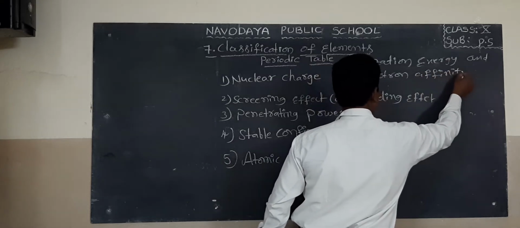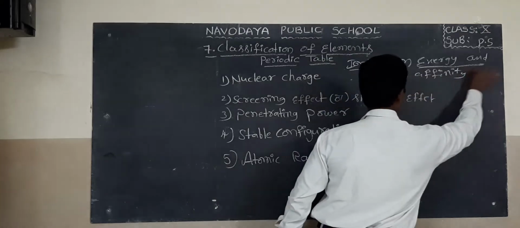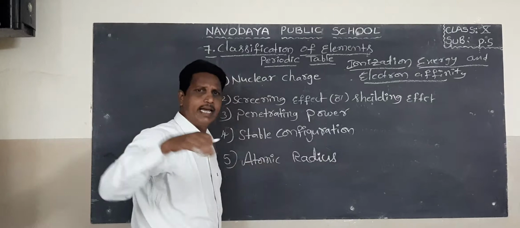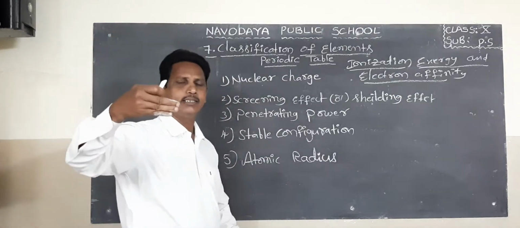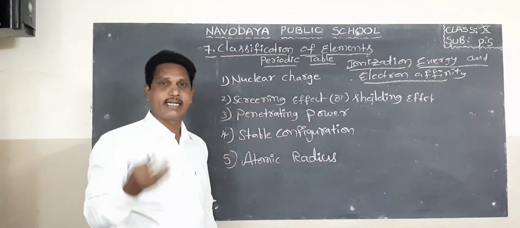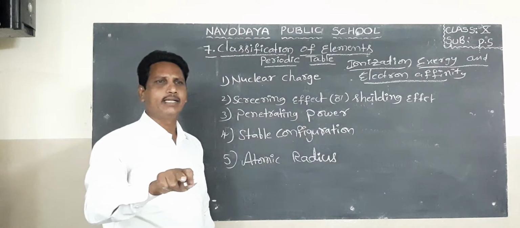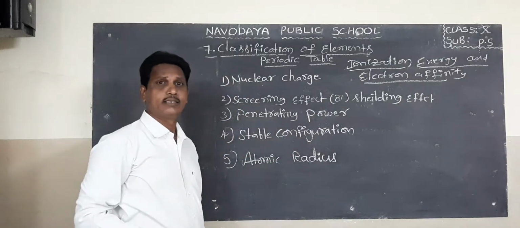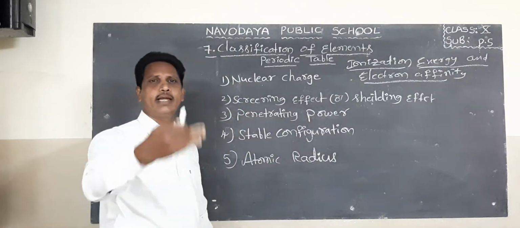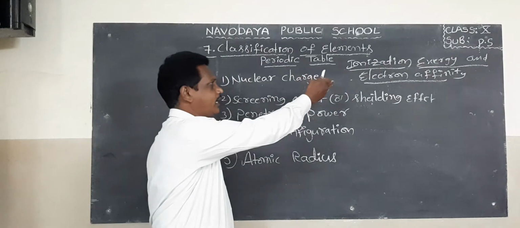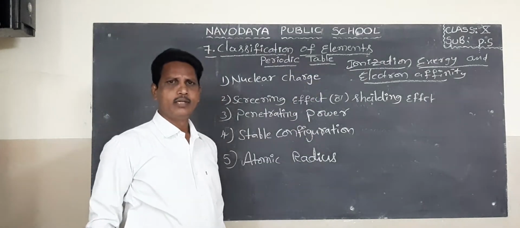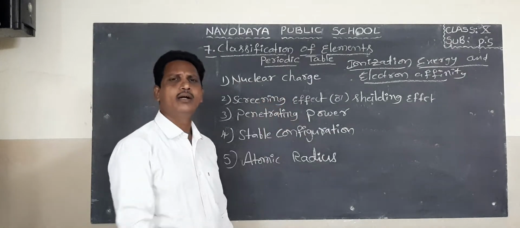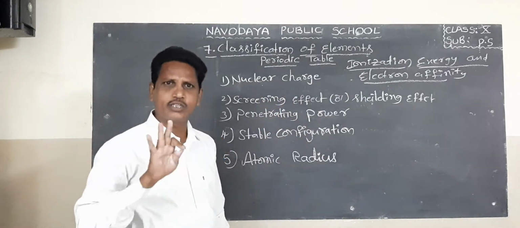If nuclear charge increases, the size of the atom decreases. If the size of the atom decreases, ionization energy increases. If nuclear charge increases, ionization energy increases and electron affinity also increases. That is the nuclear charge.